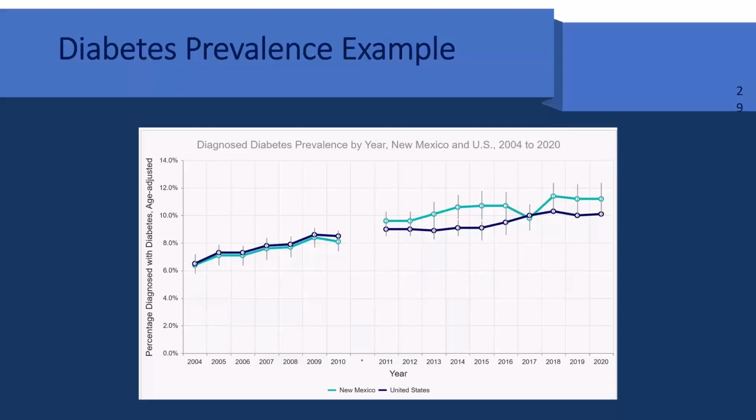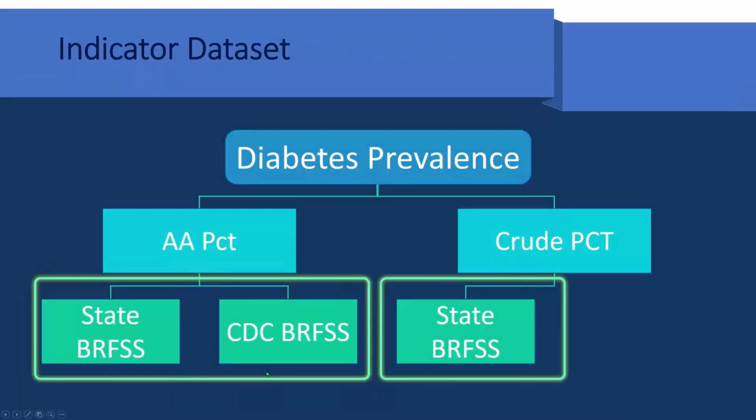Okay, so we've got New Mexico and US age adjusted rates. So we have a single measure, age adjusted percentage, and two data sources. So that suggests that we need two data sets. One for age adjusted percent for state and age adjusted for the US.